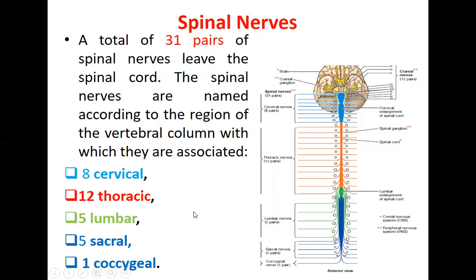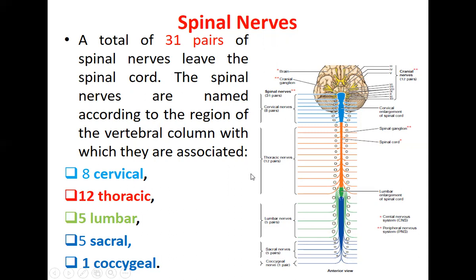There were 5 lumbar vertebrae and 5 lumbar nerves. There were 5 sacral vertebrae and 5 sacral nerves. There were 4 coccygeal vertebrae, but there is only 1 coccygeal nerve. So there are extra 3 vertebrae: 34 vertebrae and only 31 pairs of nerves.